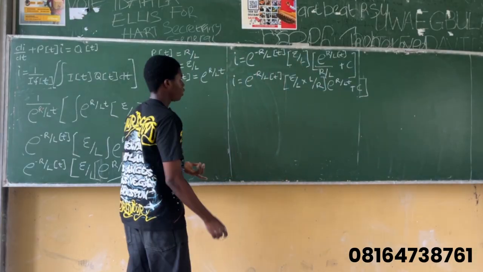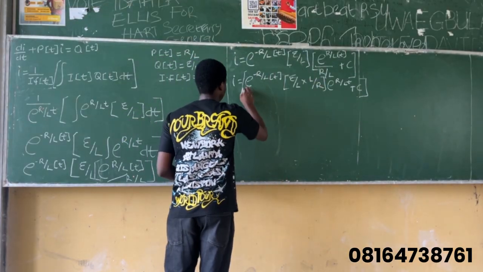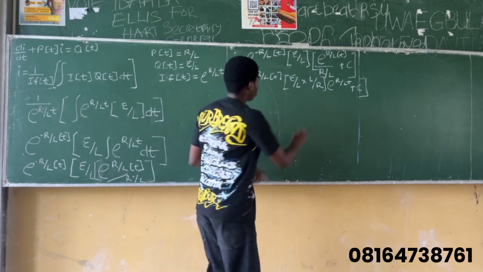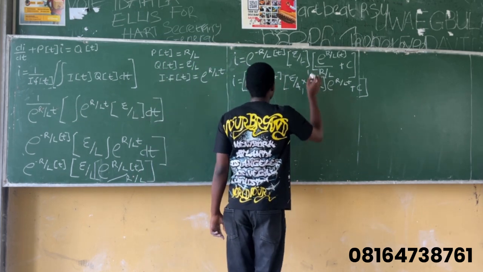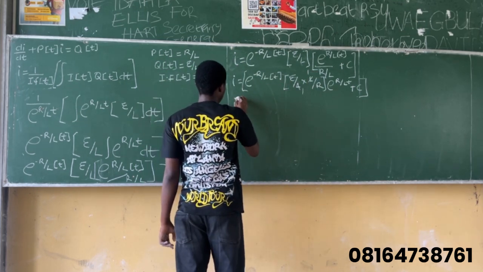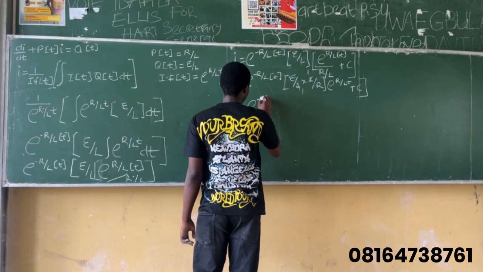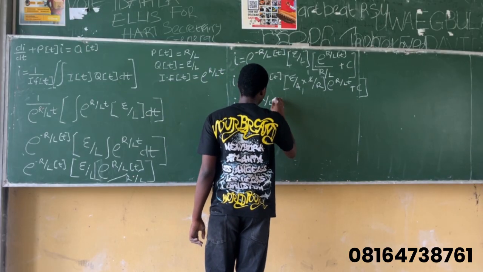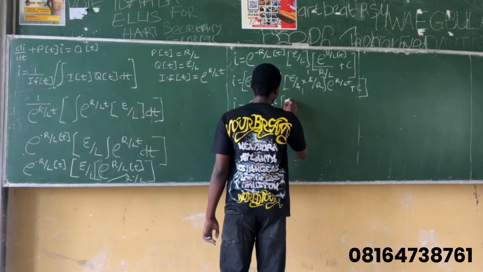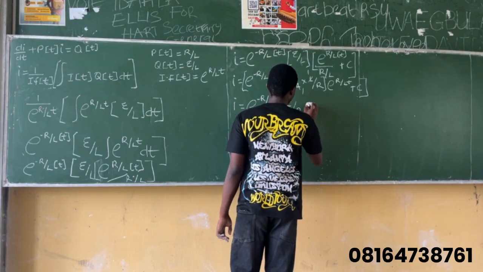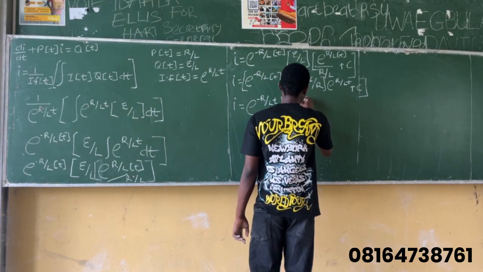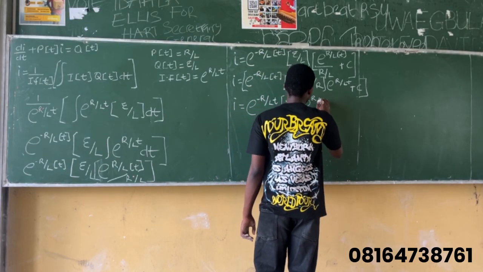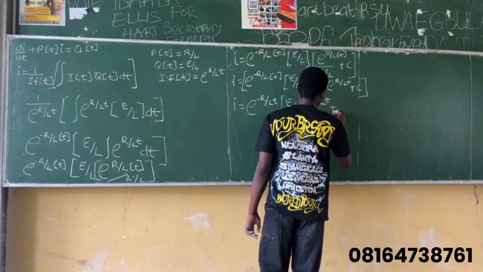So now we can see everything clearly. This cancels out this. We'll be left with I is equal to e raised to the power minus R over L t, E over R, e raised to the power R over L t plus c.